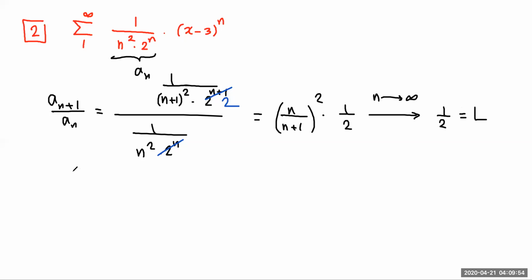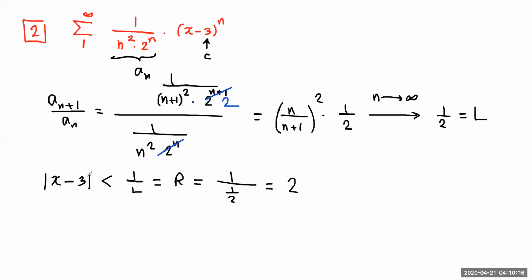Here, remember that x minus c, what is c? C is 3 here. The absolute value of x minus 3 is less than 1 over L, which is R. What is 1 over L? 1 over a half, so it's 2.